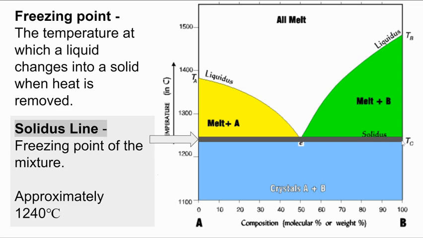I know that when we think of freezing point, we think of really low temperatures because we're thinking about things like water that freeze at 0 degrees Celsius. But metals solidify, they freeze at much higher temperatures than what we're used to in our everyday life. So the temperature at which a metal solidifies, becomes completely solid, and freezes is 1,240 degrees Celsius for this system.